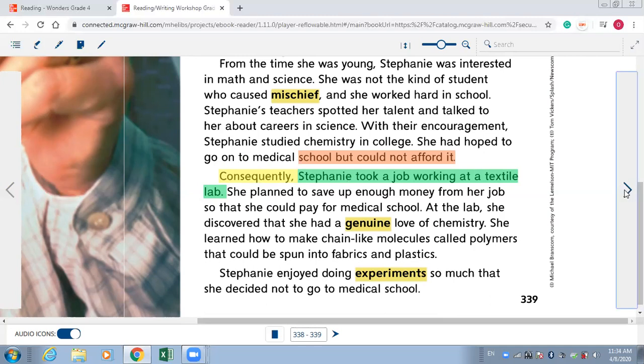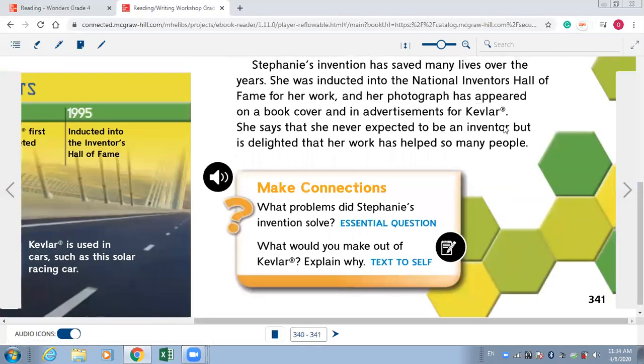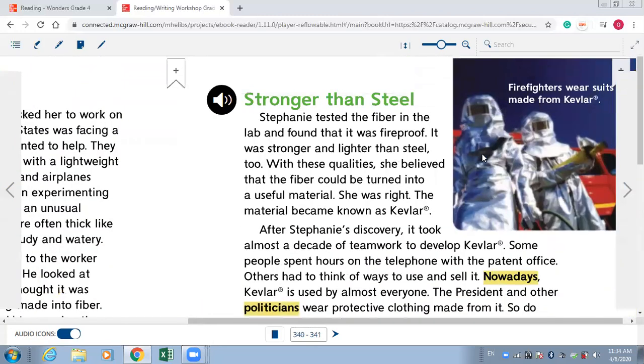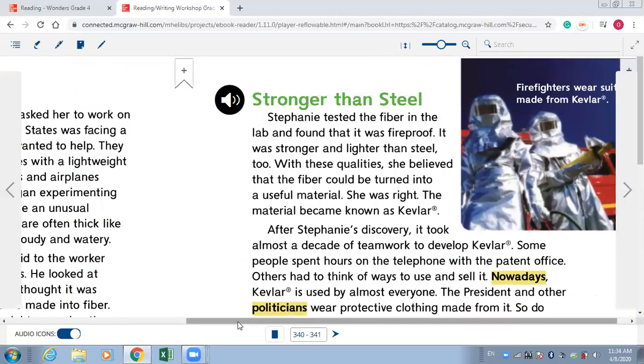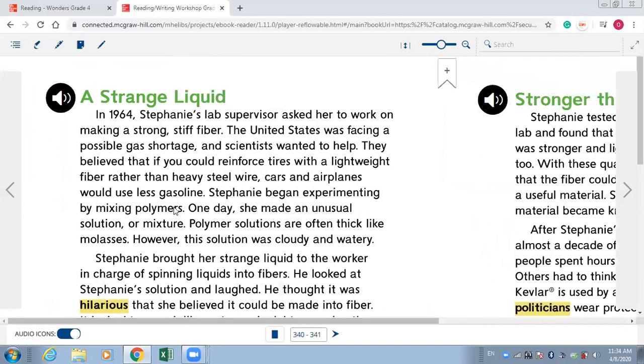Let me take you to the next page. I'm looking for a problem, of course. In 1964, Stephanie's lab supervisor asked her to work on making a strong, stiff fiber. Let us suppose that this is a problem.